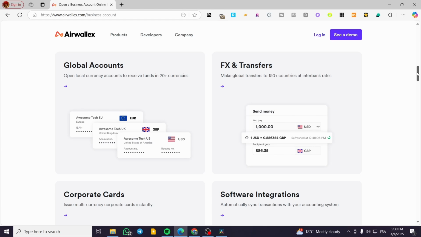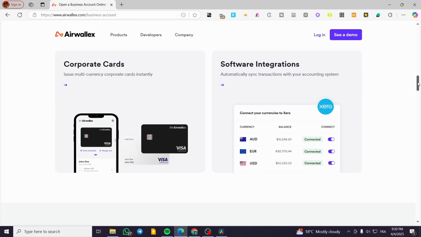This is not very convenient for financial situations. If you're going to have fees like these, it is going to be a little bit expensive for small businesses.